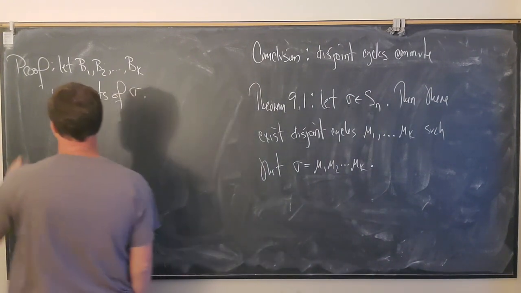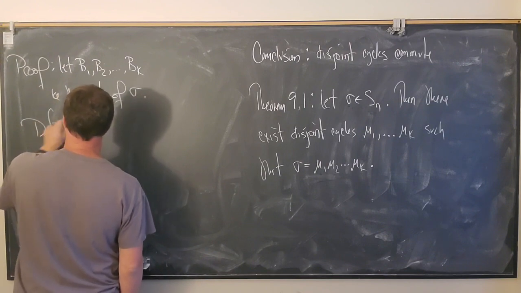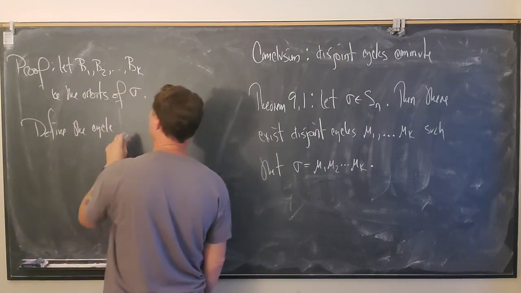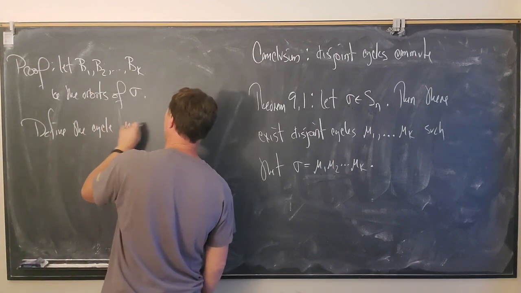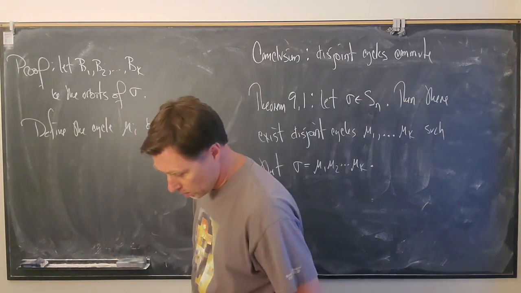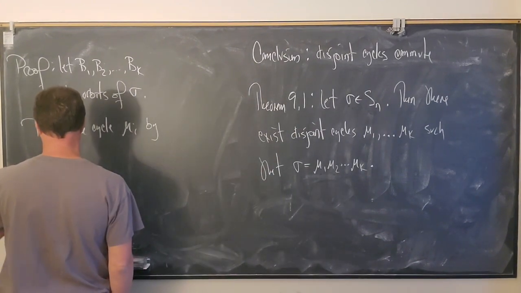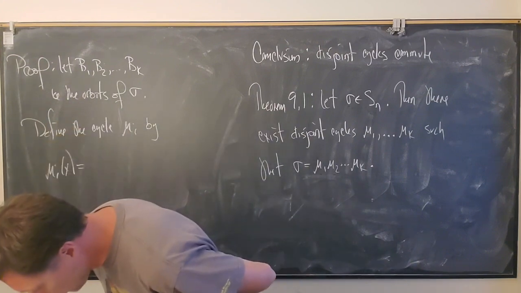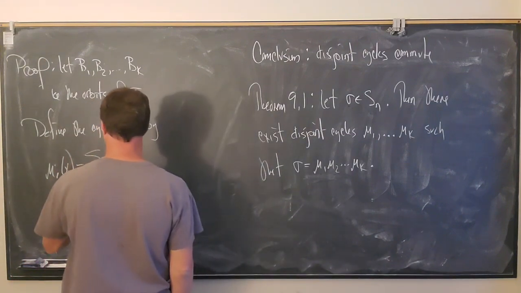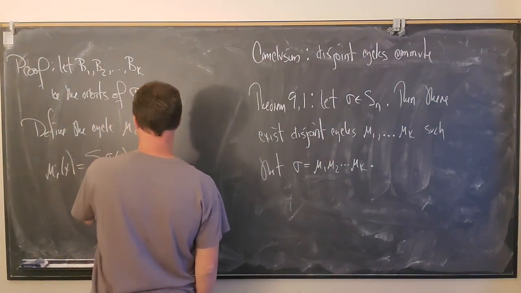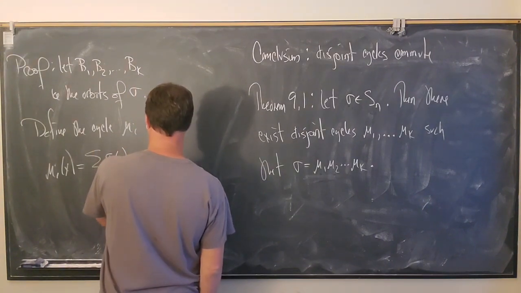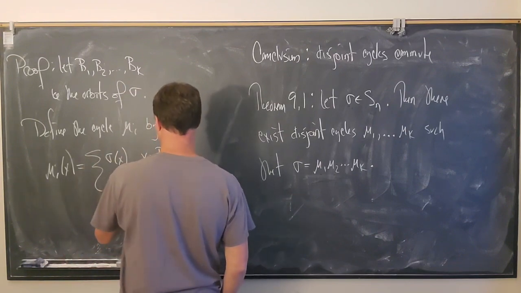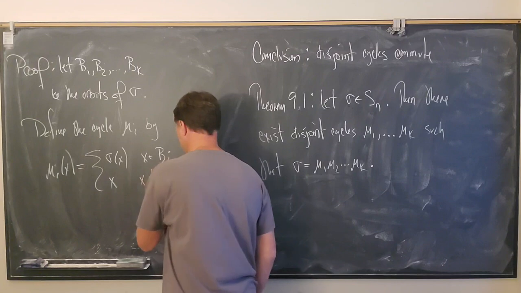And now we're going to define the cycle mu sub I by mu sub I of x is equal to, and who do I want it to be? I want it to be sigma of x if x is an element of B sub I, and it's equal to x, so nothing happens to it, if x is not in B sub I.